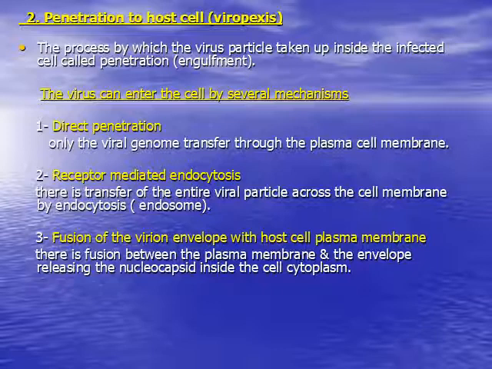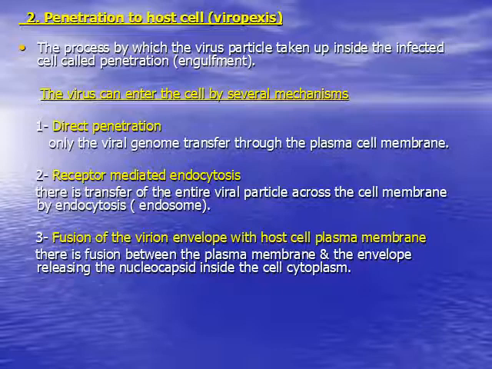Second stage in viral replication is the penetration to the host cell, or we can call it viropexis. The process by which the virus particle is taken up inside the infected cell is called penetration, engulfment.